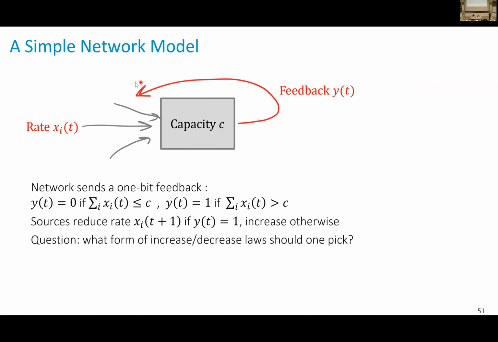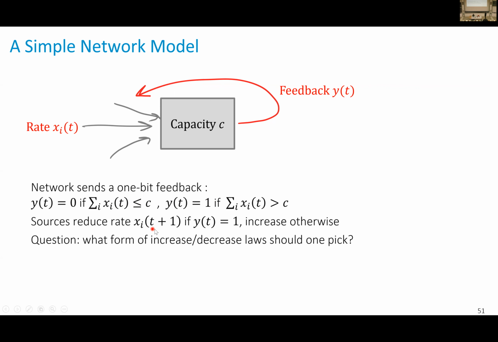And in this simple network model, the binary thing means if we are below capacity, so if the sum of the rates here, somehow if we have a mechanism, a way to detect that it is below capacity, then we send nothing, which means positive feedback. If we're above capacity, we send a negative feedback. So we send a bit saying, hey, there is a problem, you should decrease.